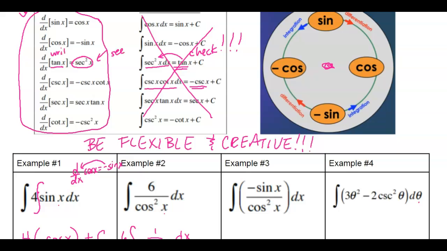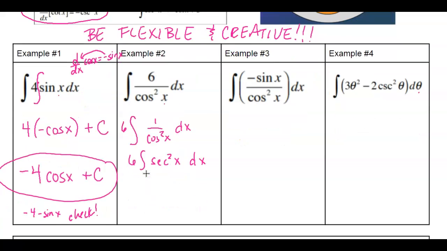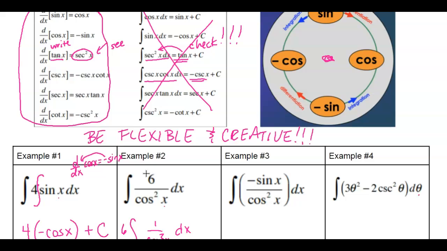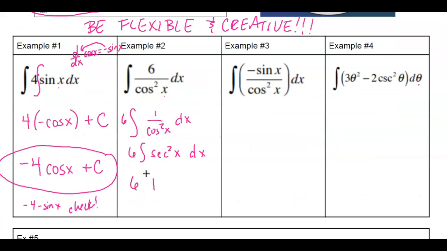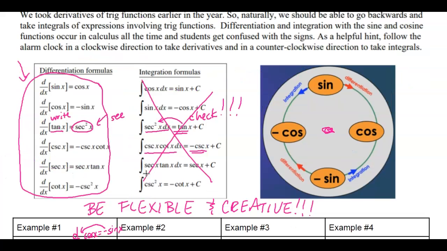Remember, we get to write the left side. That's how integration works. So I get 6 tangent plus c. If you see the right side, you write the left side because that's the original function. Remember, these were all derivatives.